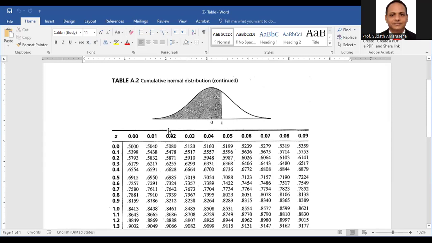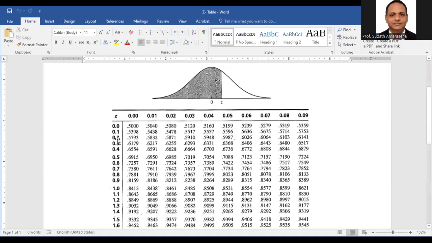The top of the table has some other figures as well: several columns with headings 0.00, 0.01, 0.02 likewise. Now we need to find the value 1.09.